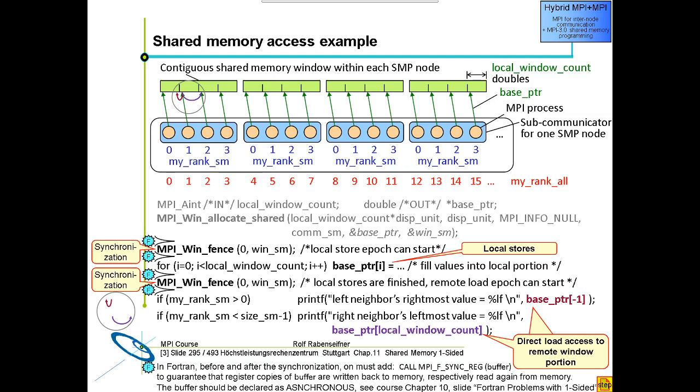And we can refer to the right neighbor's leftmost value with base PTR plus the total window count, because we have the same reference pointer PTR in that sense. Also, please remember for Fortran that you need to put the protection call MPI_F_SYNC_REG every time that you use the synchronization fence.